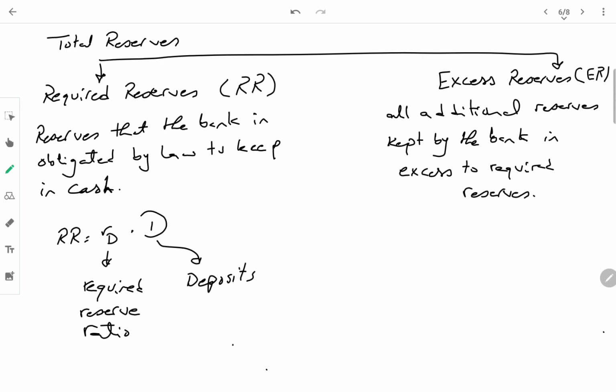So total bank reserves, which is R, is the summation of required reserves and excess reserves.